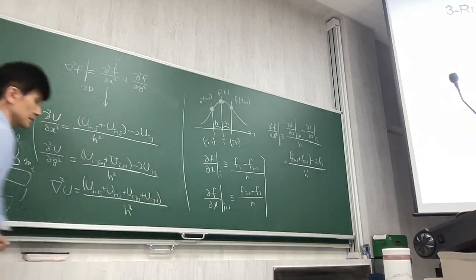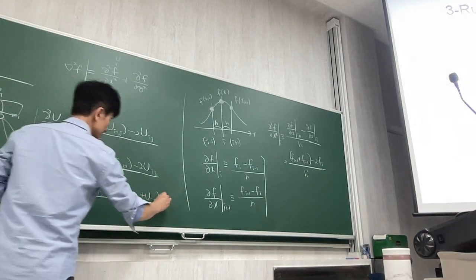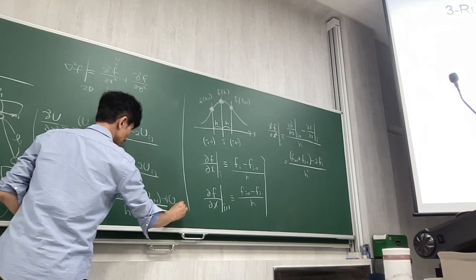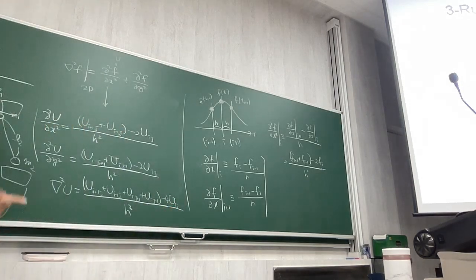These are the four neighboring points, minus 4 times the sample data point at the center, u_ij. This is just a representation of del square in the two-dimensional space.